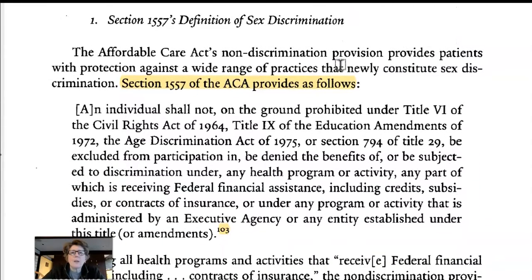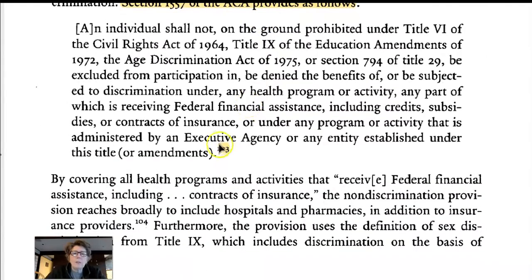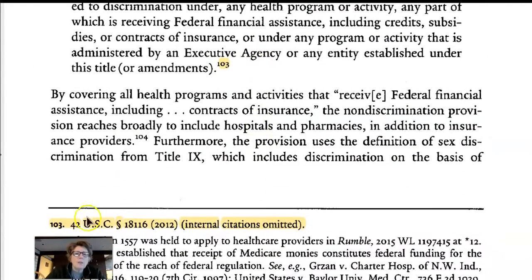And the way this author does it is referring to it as the original section number, Section 1557 of the ACA, quotes it, and then drops a footnote and cites to the United States Code. So that way, the author's looking at both the original section number, which people talk about, and where it's codified.